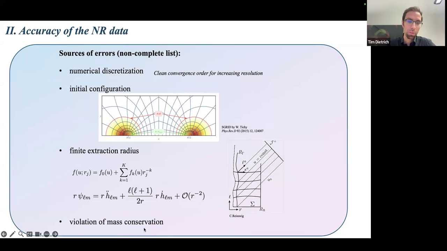And then, of course, you also have sometimes mass conservation violations due to the artificial atmosphere around the neutron stars. But also these effects are, if you then look at the imprint on the dephasing, significantly smaller than the ones listed before. So this is really, in my opinion, a list with decreasing importance. So the first bullet point, the numerical discretization and an accurate method to describe the fluid, is really the dominant one which has to be addressed.